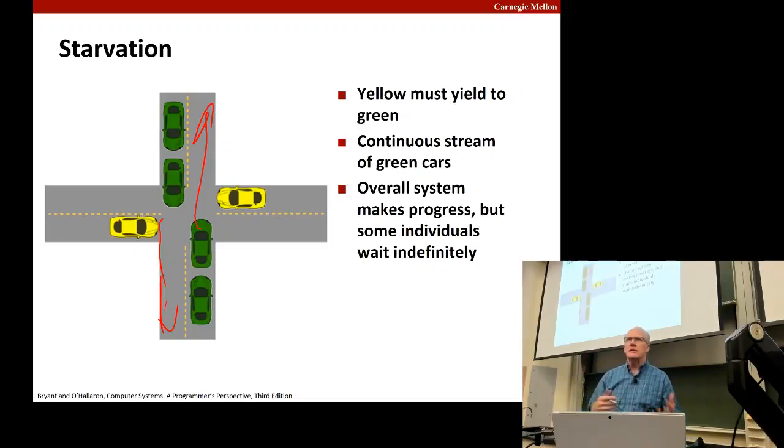And you can imagine that in a process scheduling environment where there's two levels of priority, you could have the high priority things always winning out over the low priority.